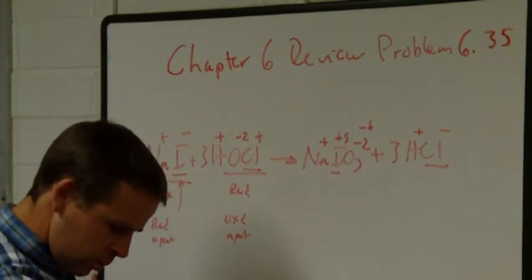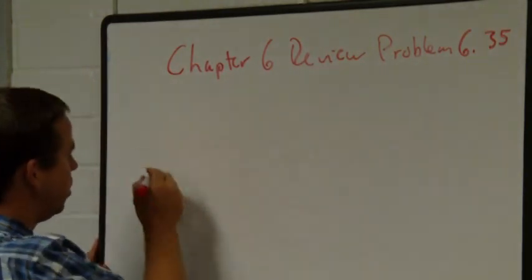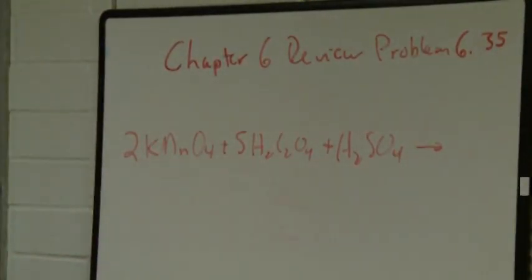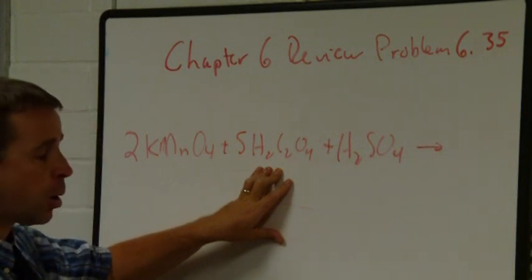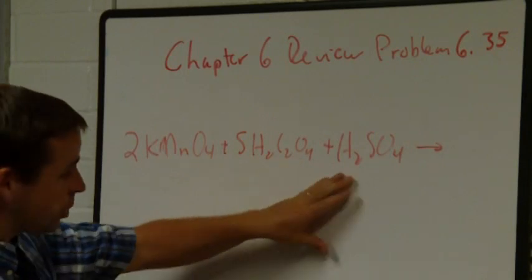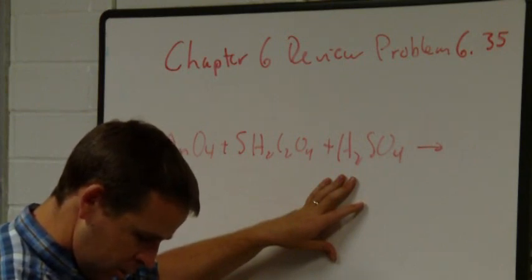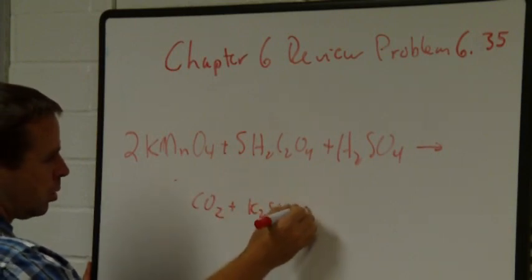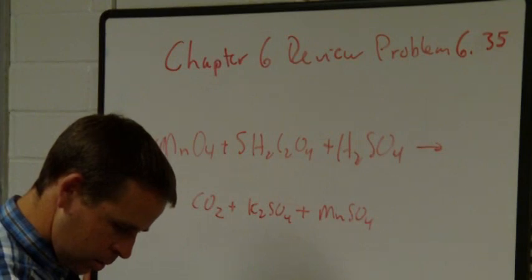KMnO4, 5H2C2O4. Oops, still on 635. Okay, so we have potassium permanganate, this is the carboxylic acid, sulfuric acid, and then we have carbon dioxide, potassium sulfate, manganese sulfate, and water.